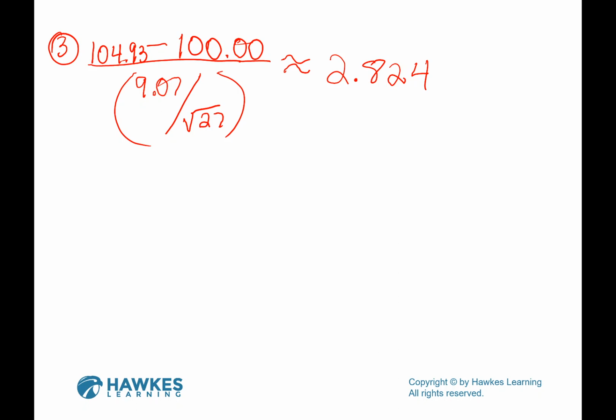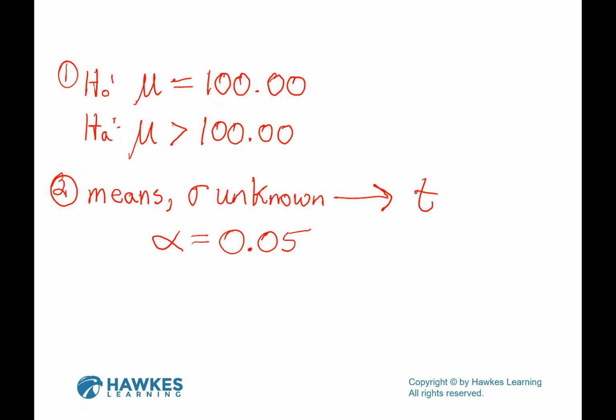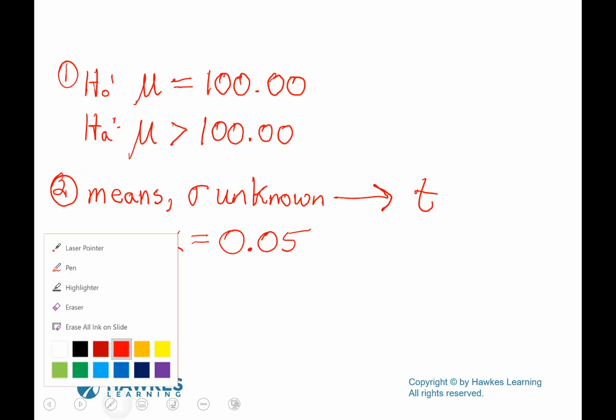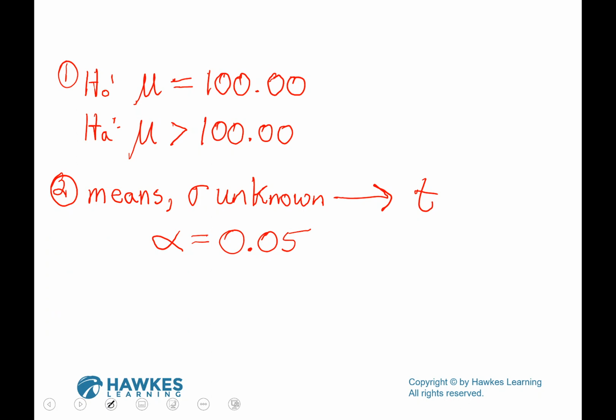So since we're dealing with t, the last thing we need to figure out is our critical t, so we can make our conclusion. This is a right-tailed test.